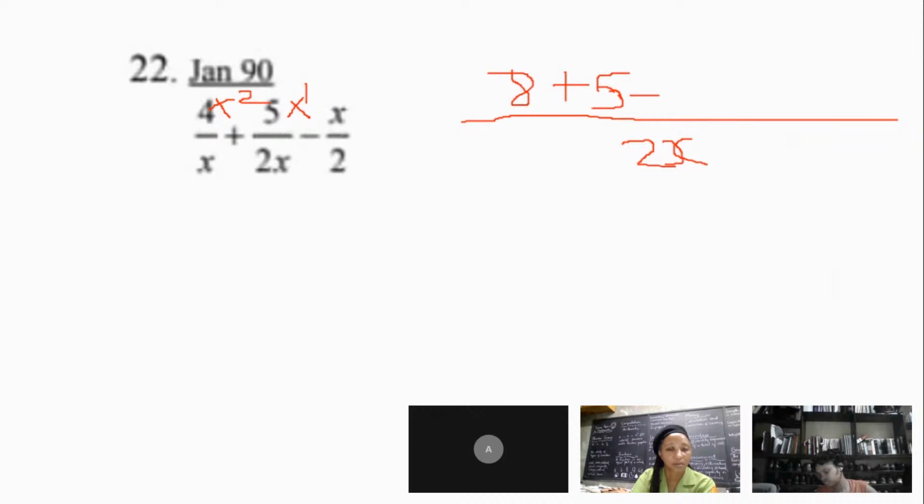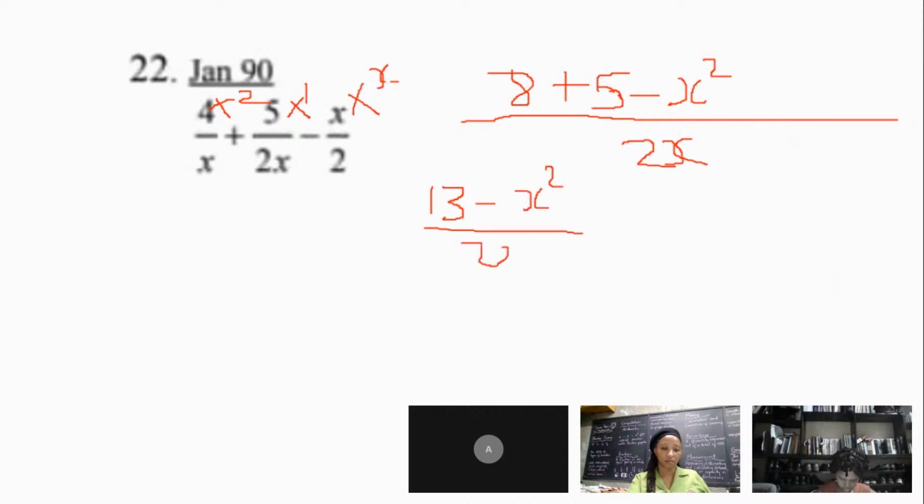And x over 2: 2 into 2x goes x times, so it'd be x times x, which is x squared. So this 8 plus 5 is 13, so it'd be 13 minus x squared over 2x. I guess that's the final answer.